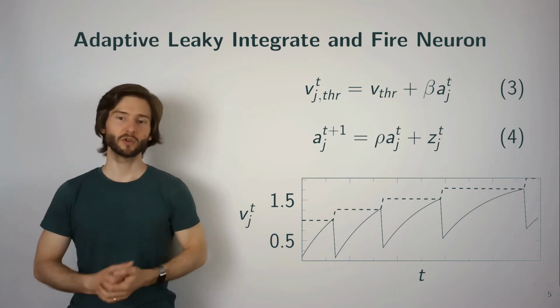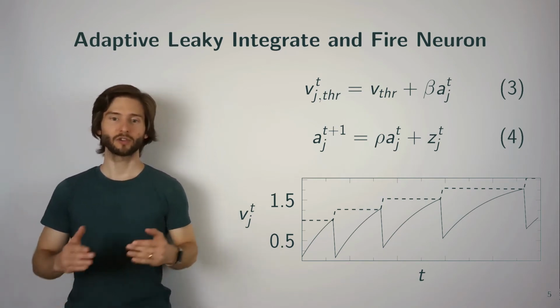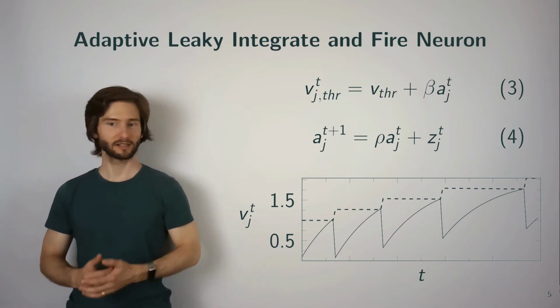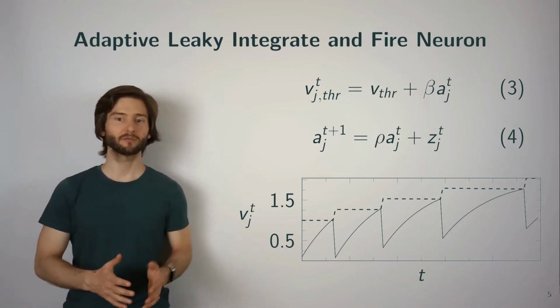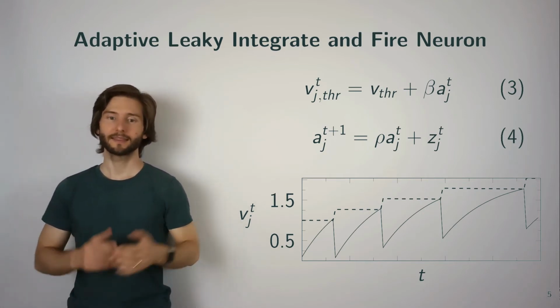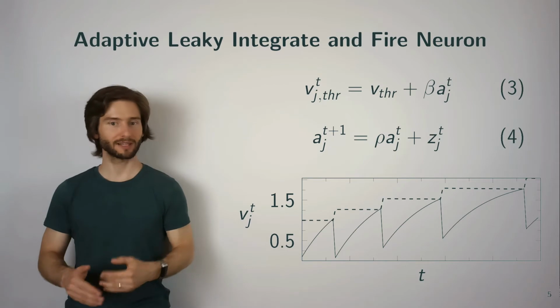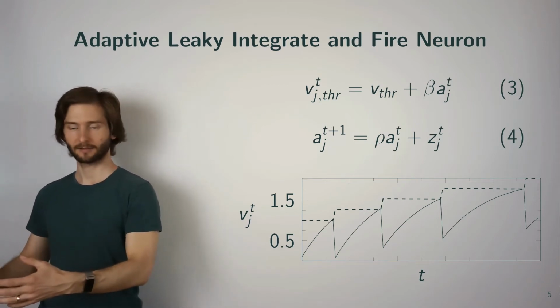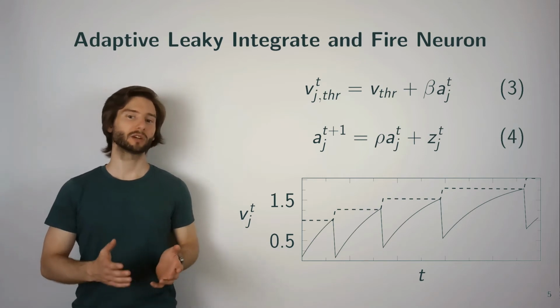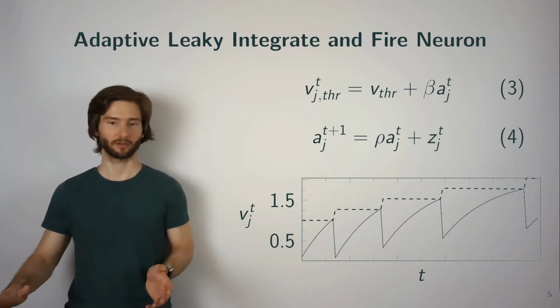Here we first compute a low-pass filter of the neuron's own spike train, and then we add the value of this filtered spike train multiplied with the constant beta to the base threshold. This then increases the neuron's threshold after each spike. And with no further activity, the neuron's threshold then decays back to the base threshold.